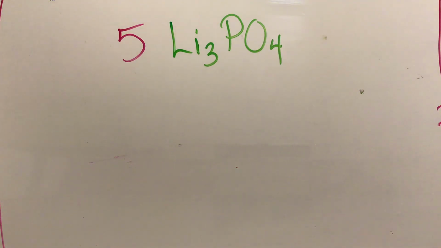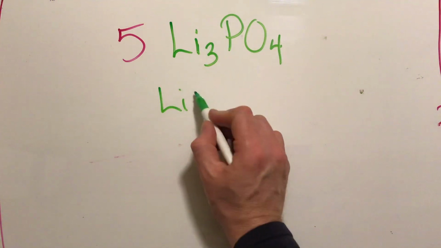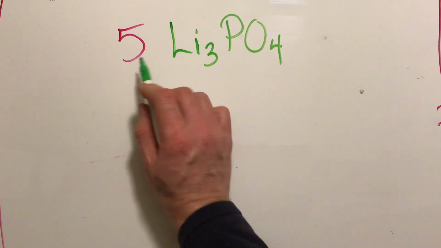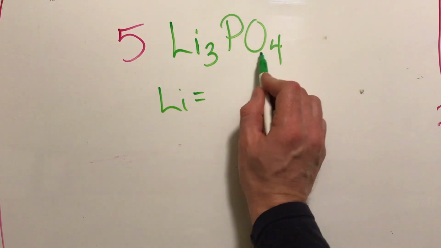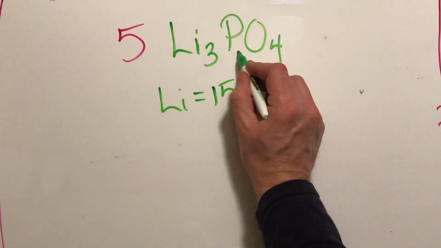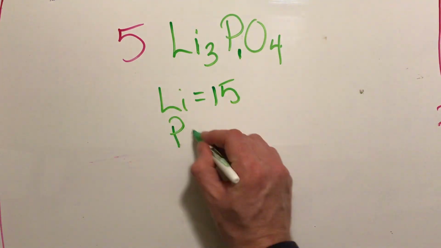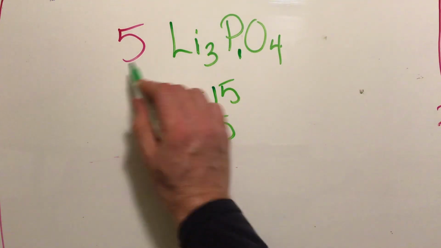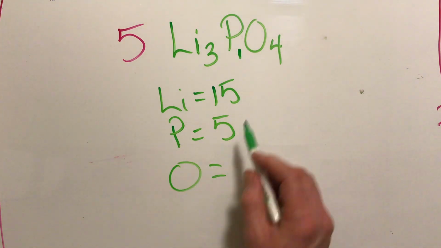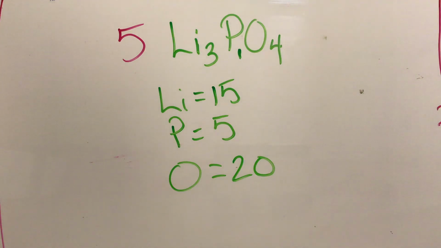Actually, that's not a great example, but we'll do it. So with lithium, I've got 3 times the 5. Now this 5 applies to this, this, and this. 3 times 5, which is 15. There's a 1 here that we don't see, but it's there. 5 times 1, phosphorus will be 5. And then for the oxygen, 5 times 4, that's 20.